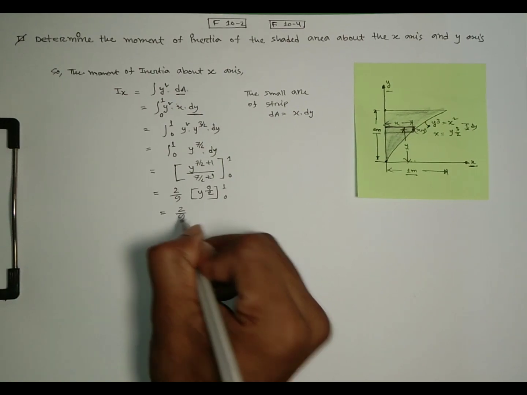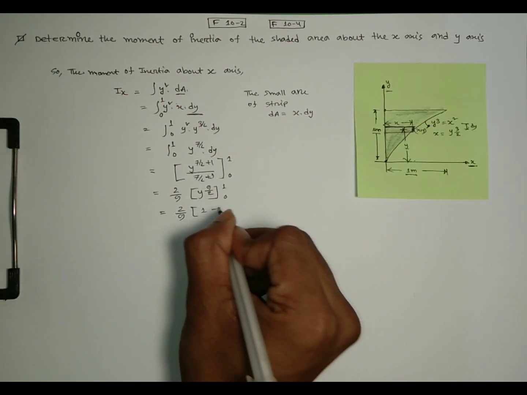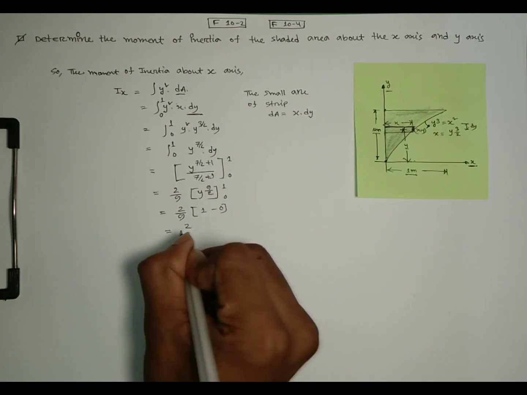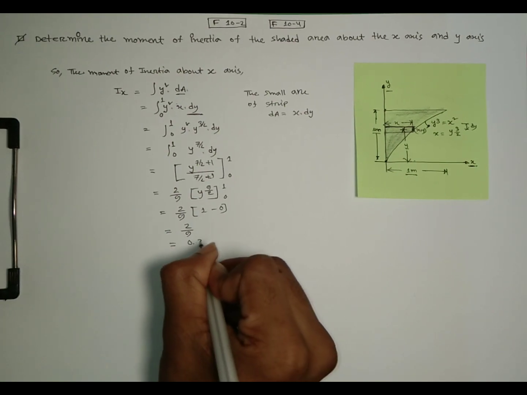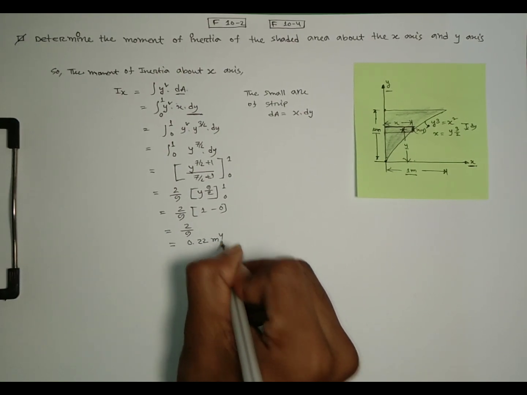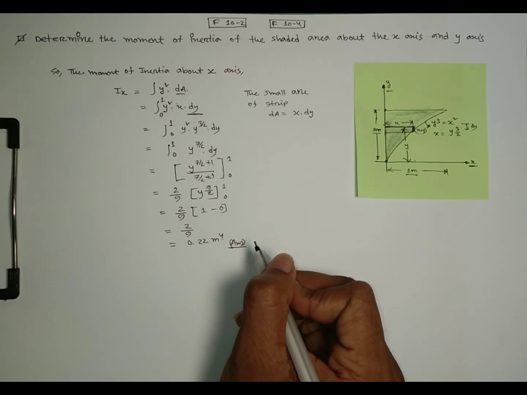So 2 by 9, after putting in the upper and lower limits, 1 minus 0, this will be 2 by 9. After calculating, this will be 0.22 meter to the power 4. Answer. Now let's find the moment of inertia about the y-axis.